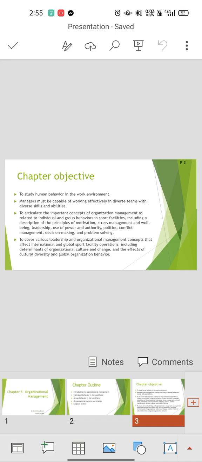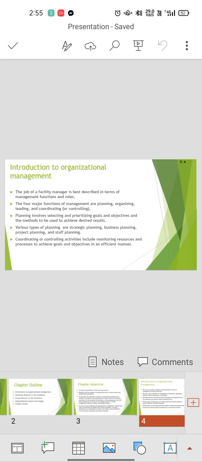And lastly, to cover various leadership and organizational management concepts that affect international and global sports facility operations, including determinants of organizational culture in change and the effects of cultural diversity in global organization behavior.